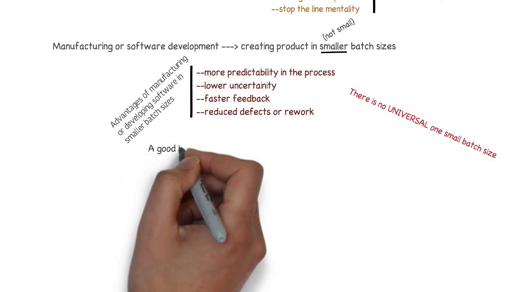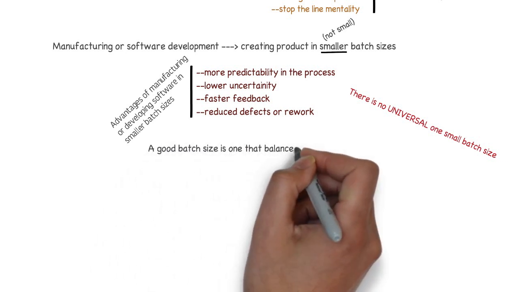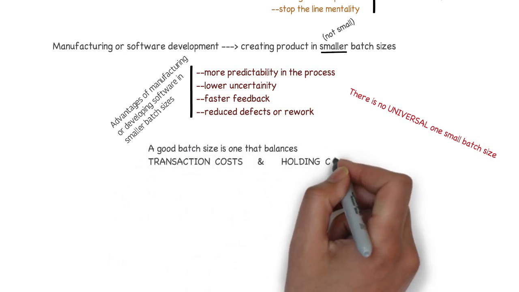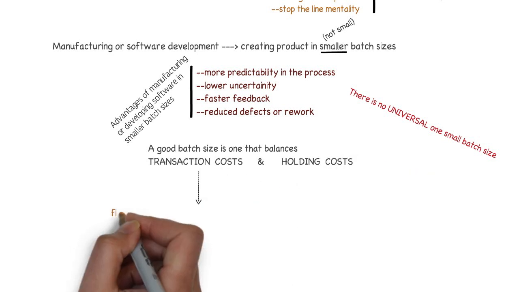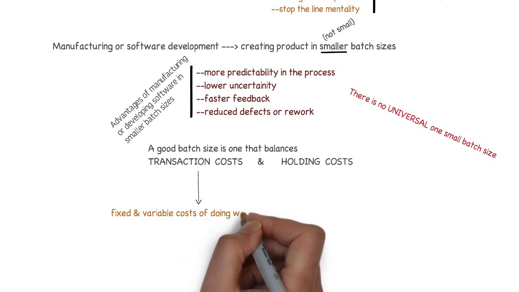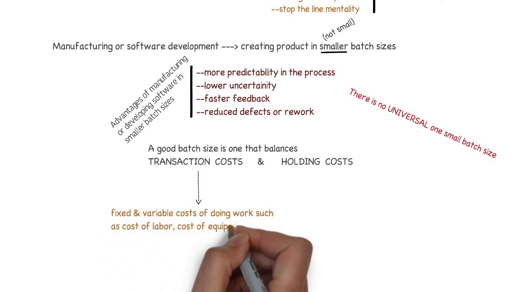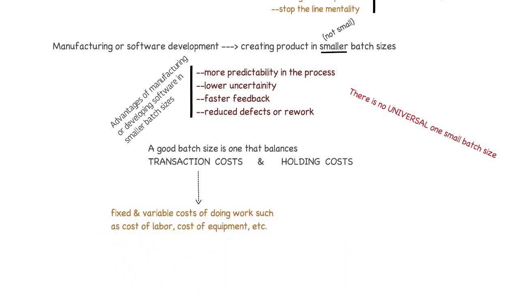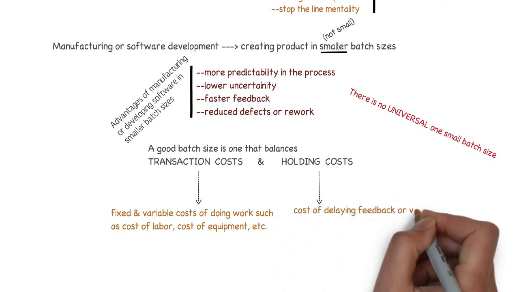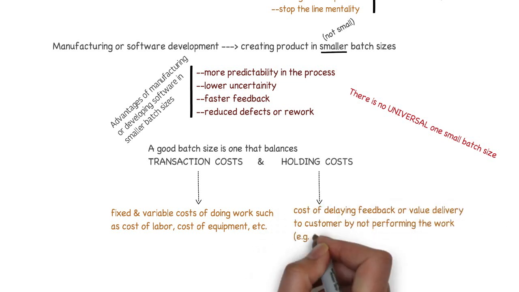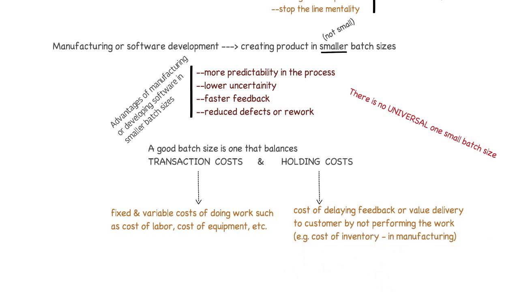A good batch size is one which balances two things: transaction costs and holding costs. Transaction cost is the fixed and variable cost for doing the work, such as cost of labor, cost of equipment, cost of facilities, etc. Holding cost is the cost of delaying feedback or value delivery to the customer by not performing the work.